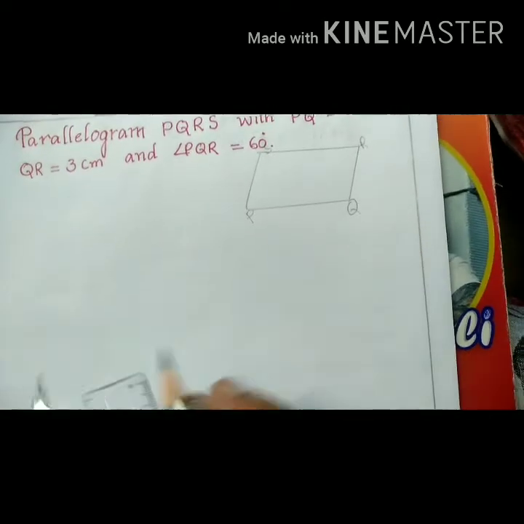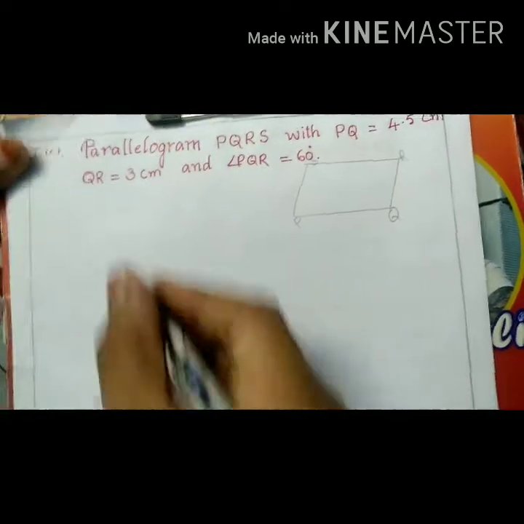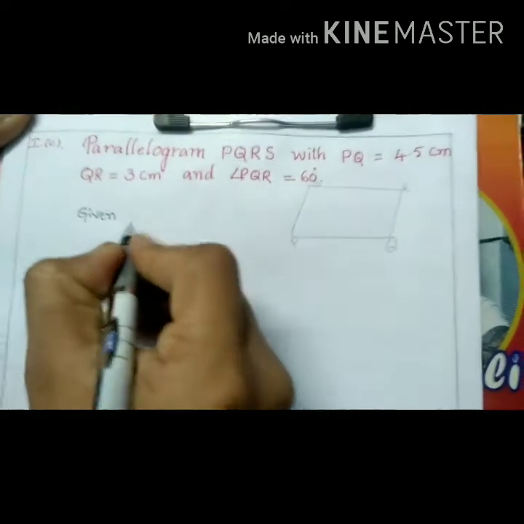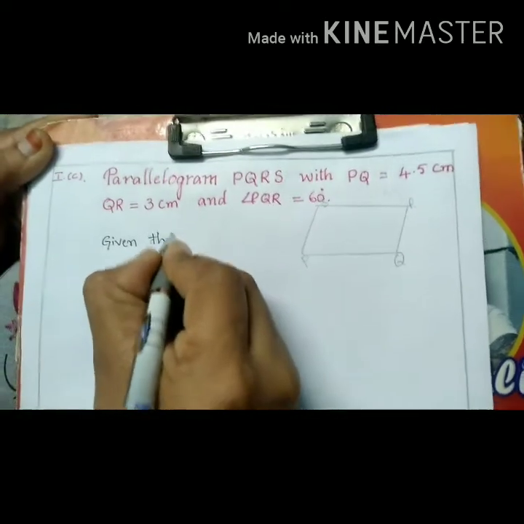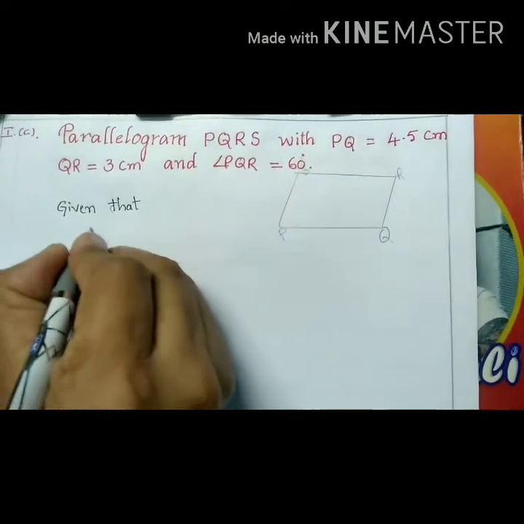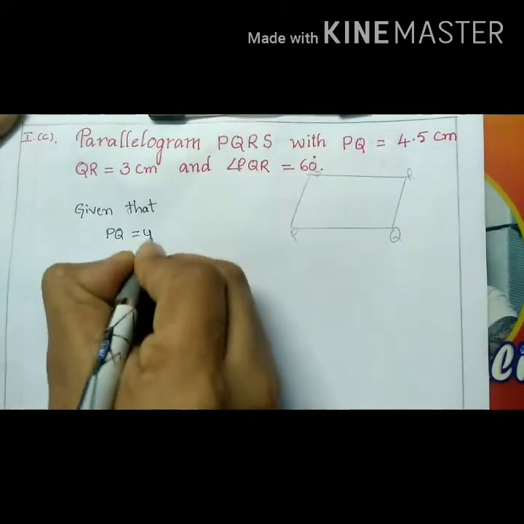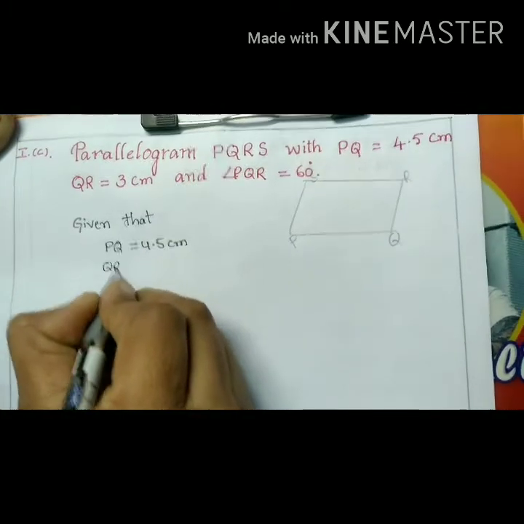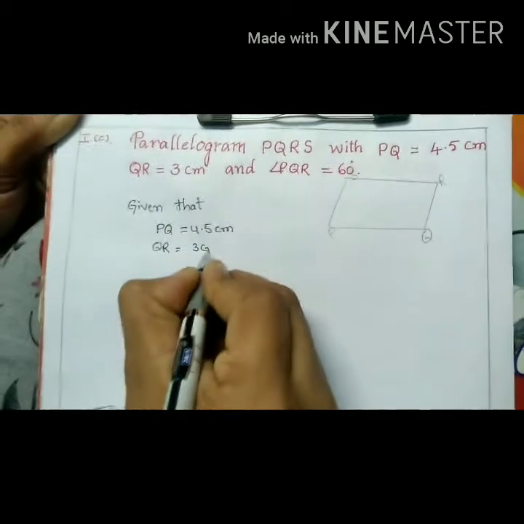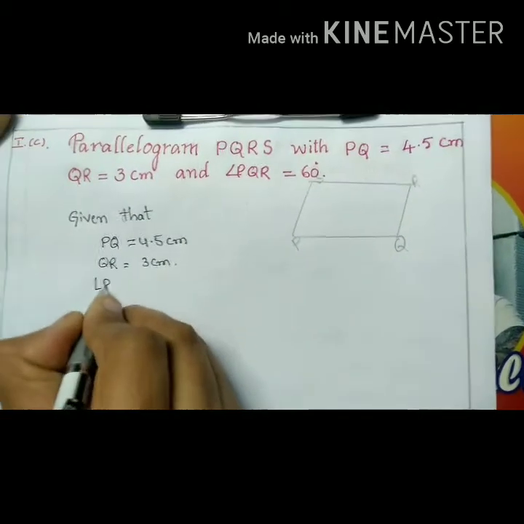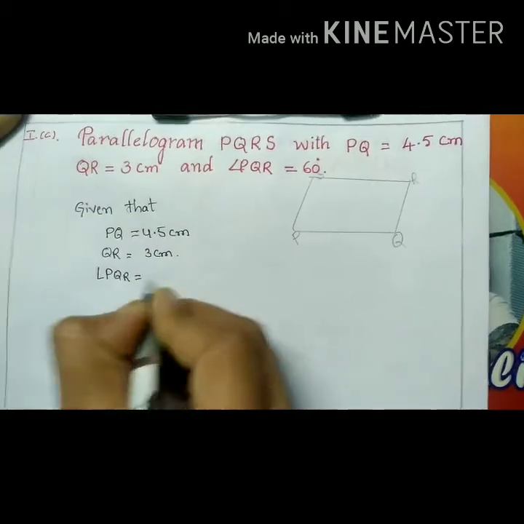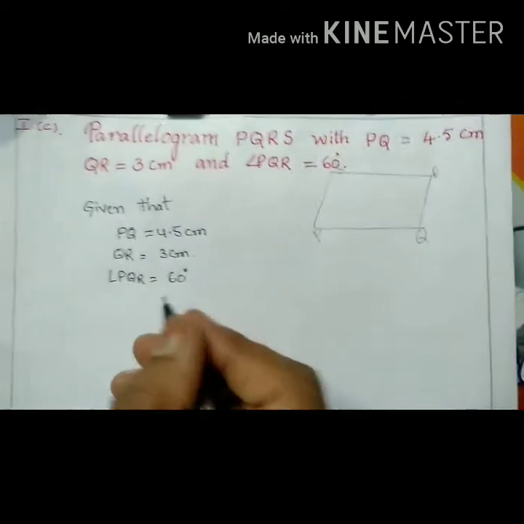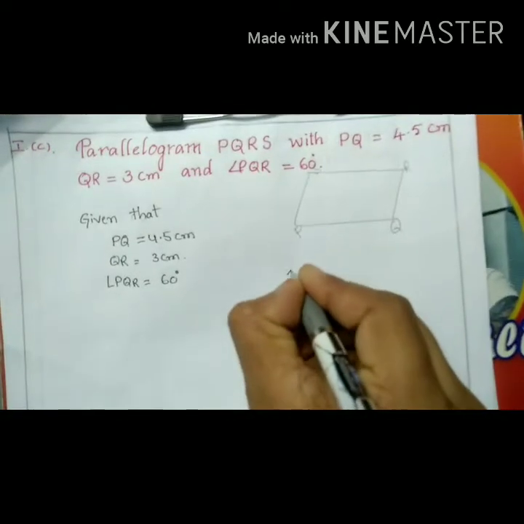So here given that PQ equal to 4.5 centimeters, QR equal to 3 centimeters, angle PQR equal to 60 degrees. Now first you draw the rough sketch.